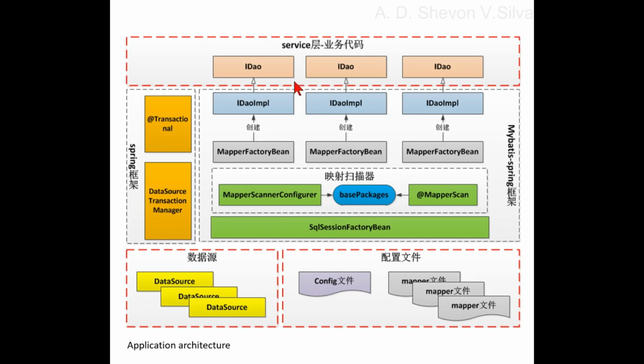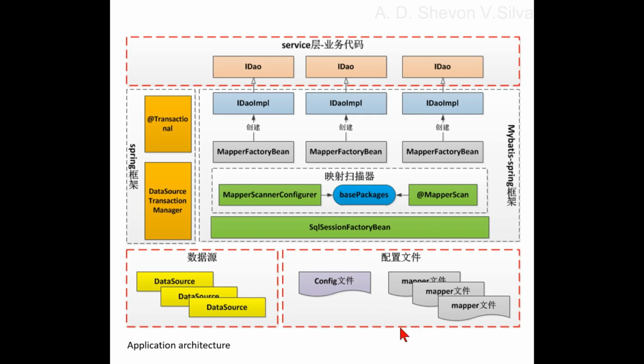IDAO is the data operation interface to realize the user's data operation logic. It's generally divided into two parts, interface and PO. The configuration files are divided into MyBatis configuration files and mapper configuration files.